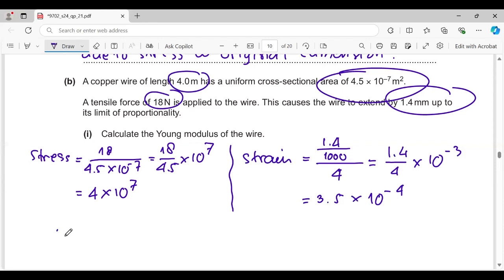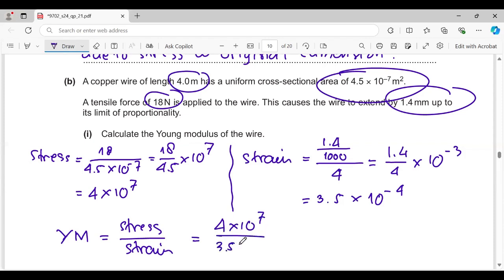And Young modulus we can calculate through stress over strain. Okay, and it is 4 times 10 power 7 over 3.5 times 10 power minus 4.